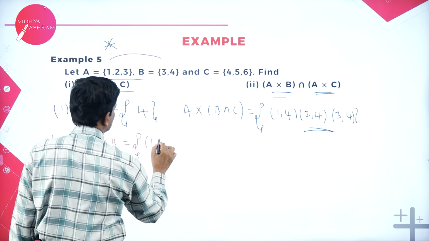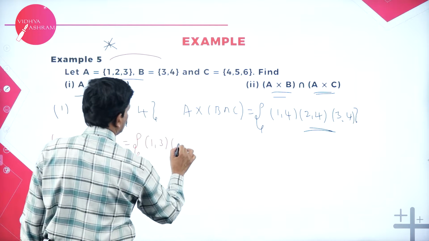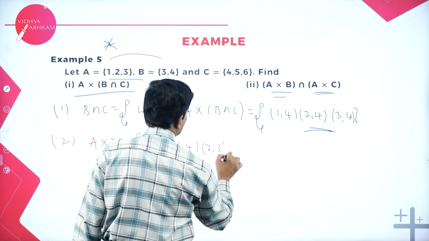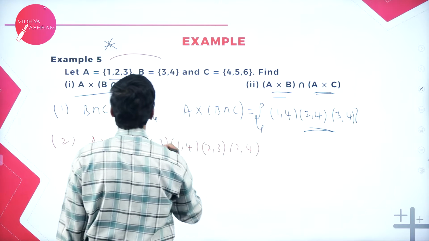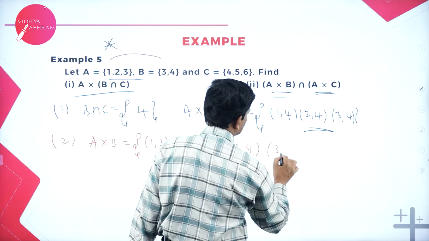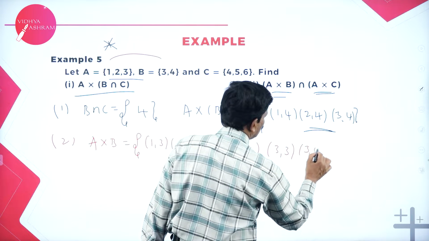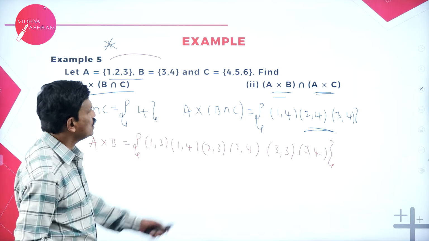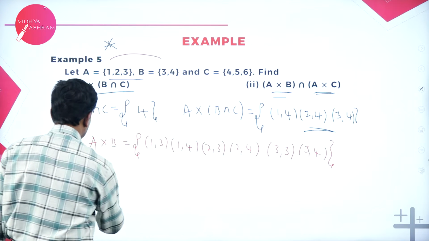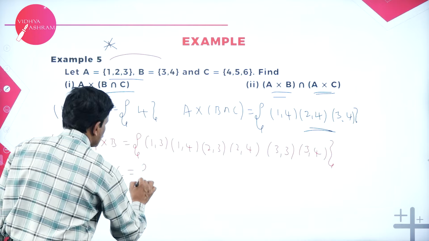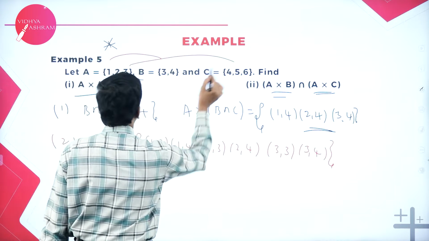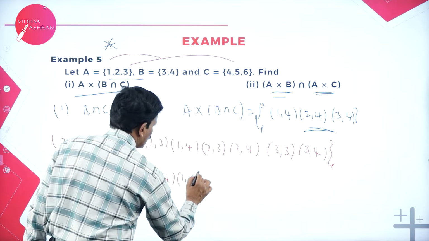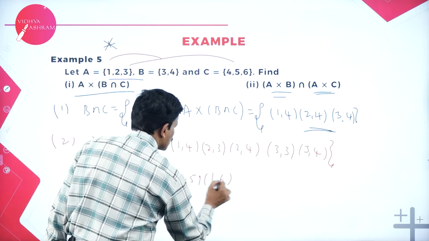(1, 3), then (1, 4). Similarly, (2, 3) and (2, 4), (3, 3) and (3, 4). So the Cartesian product of A and B is A cross B. Similarly, find out the Cartesian product of A cross C, A and C: (1, 4), then (1, 5), (1, 6).